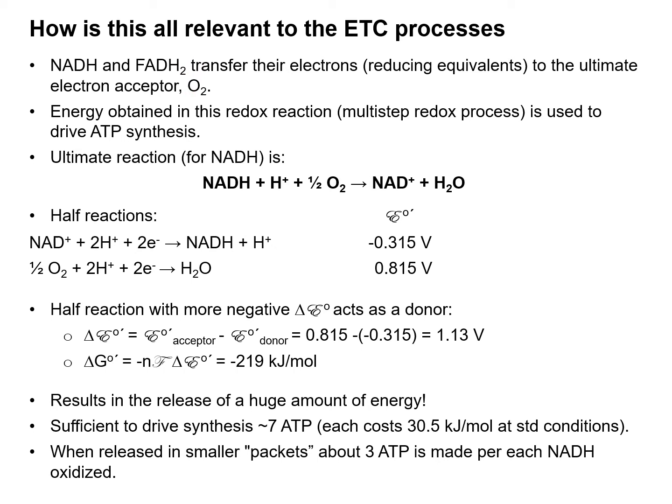The energy obtained in this redox reaction, which is a multi-step redox process happening in the electron transport chain, is used to drive ATP synthesis. So it's definitely involved in this energy generation for cellular systems.